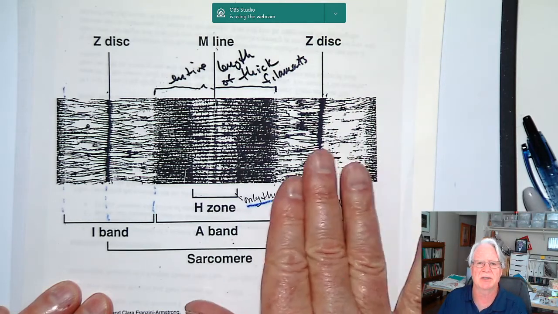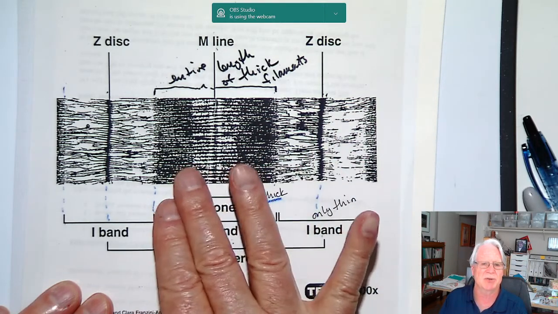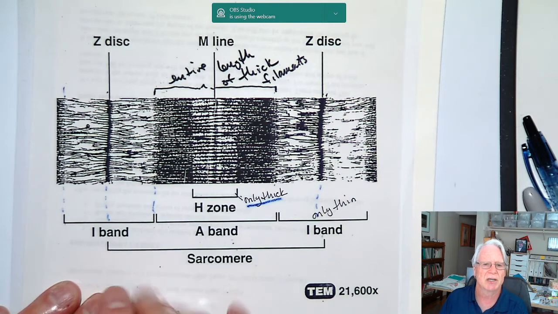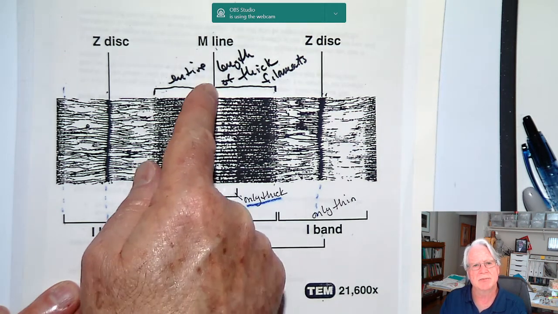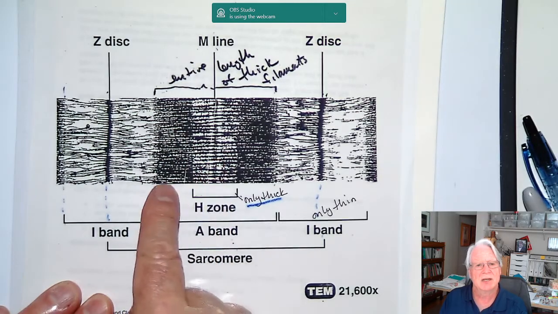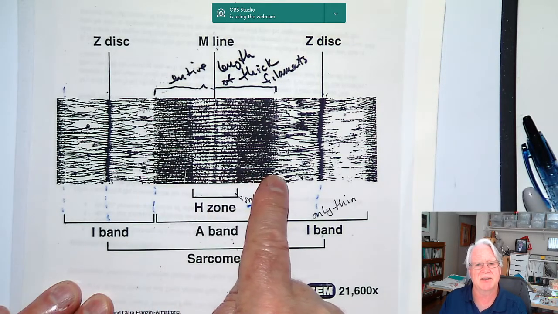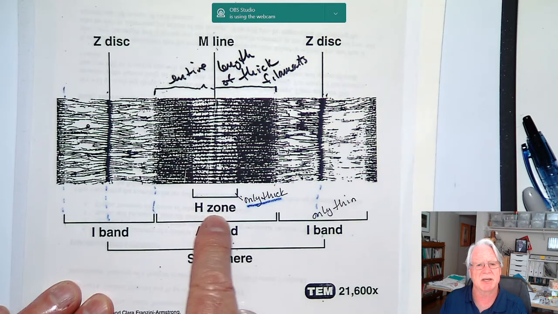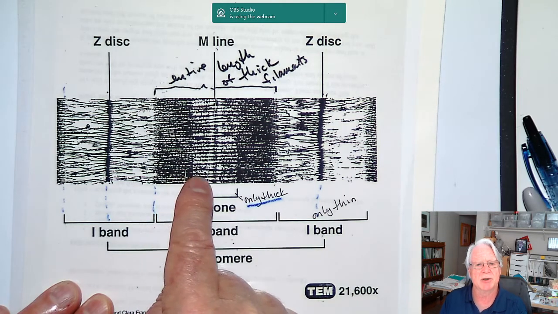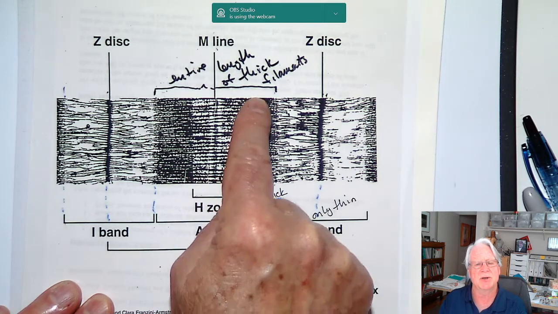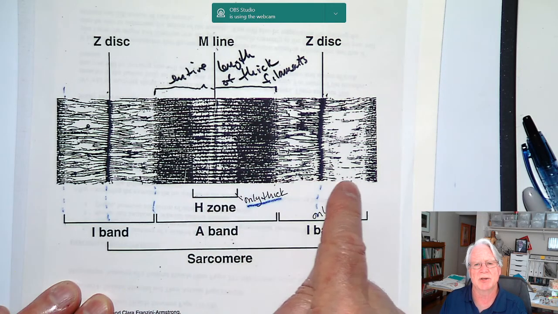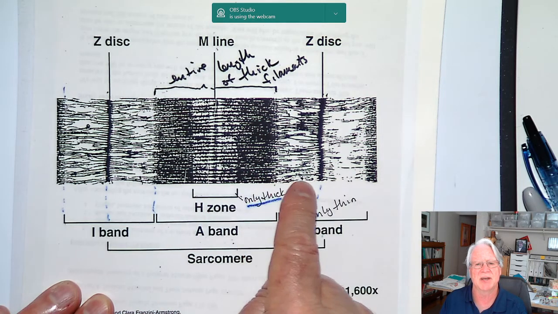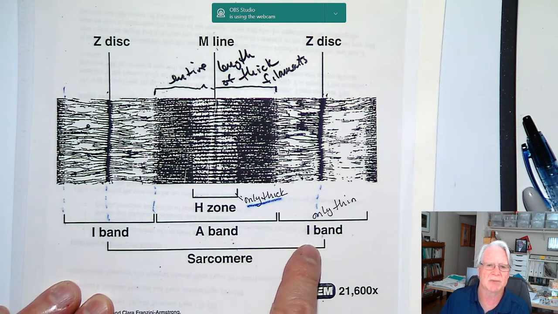And now you can see a light and dark pattern. That's what we've been talking about, the striations. In the center is the M line. The entire length of the thick filaments is the A band. Where we only have thick filaments and no thin filaments is the H zone. And then where only thin filaments are found is the I band.